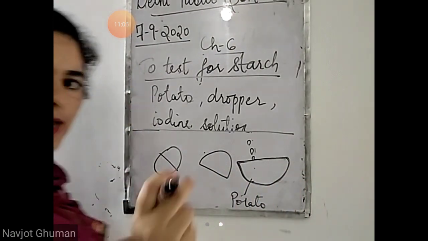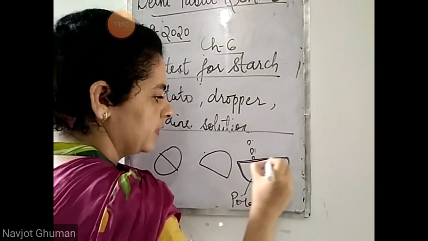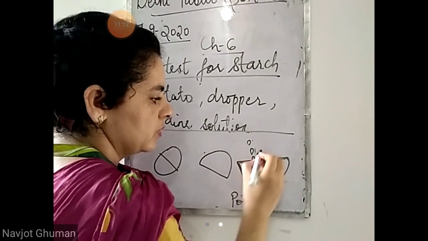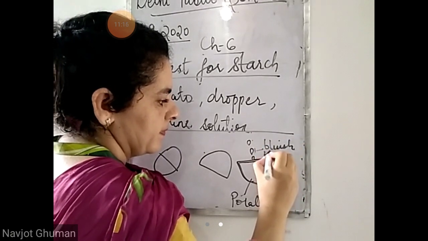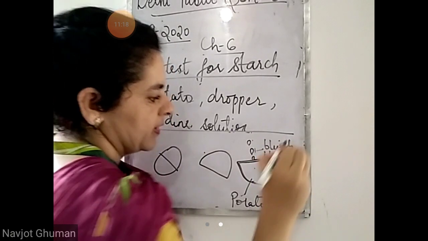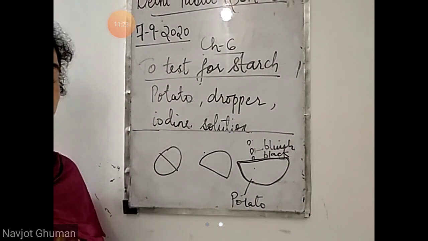When you add iodine solution on the potato, what will happen? The color of the potato will change into bluish black. Bluish black हो जाएगा वो. This will show that starch is present in potato.